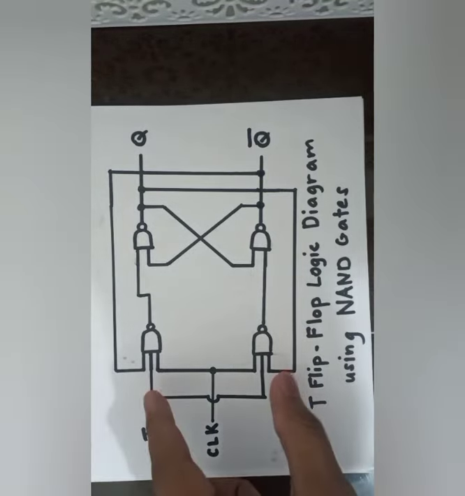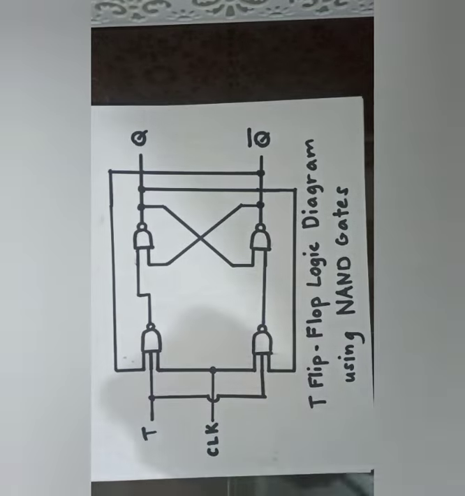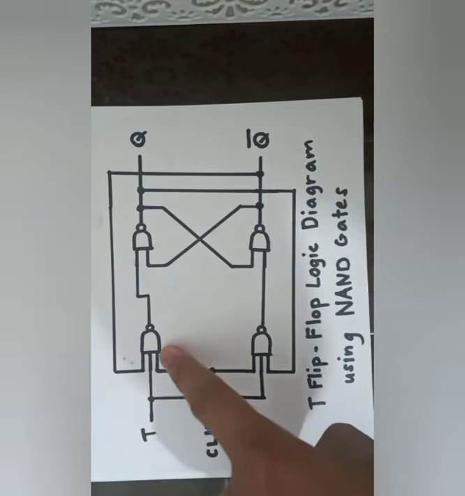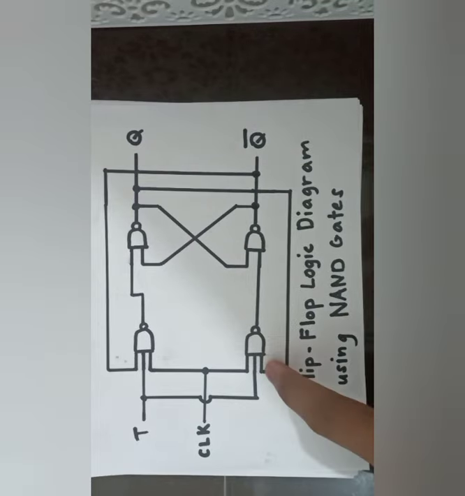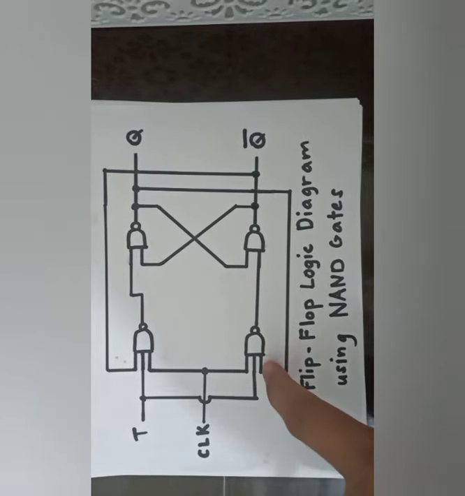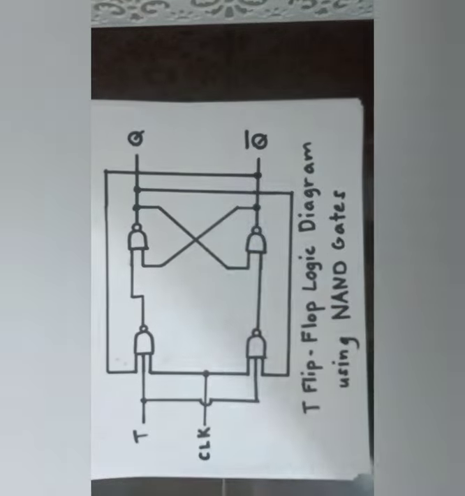In our two 3-input NAND gates, we have two common inputs, which are the T or the toggle and the clock. In the upper NAND gate, we have the input connected to the Q bar. In our lower NAND gate, we have the input connected to the Q.